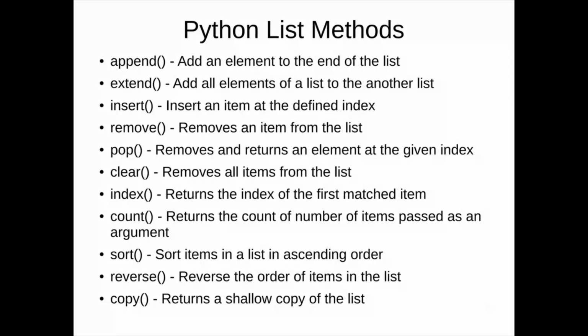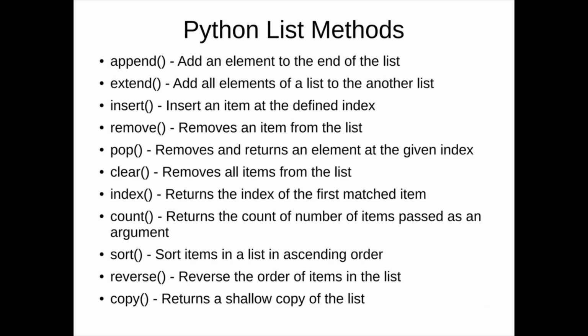List methods. There are different Python list methods we are using: append, extend, insert, remove, pop, clear, index, count, sort, reverse, and copy. The append method adds an element to the end of the list. The extend method adds all the elements of a list to another list.